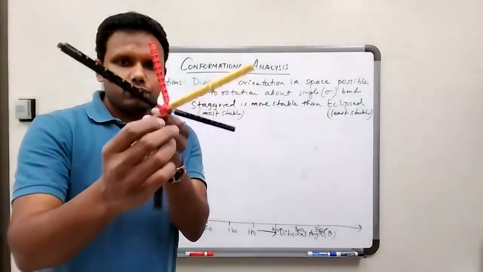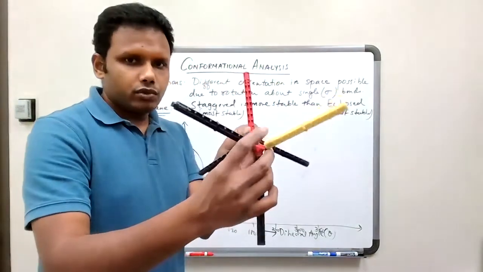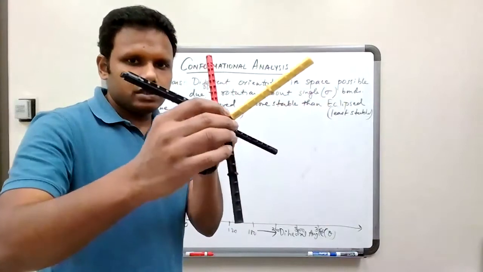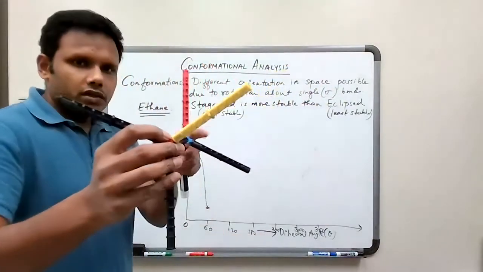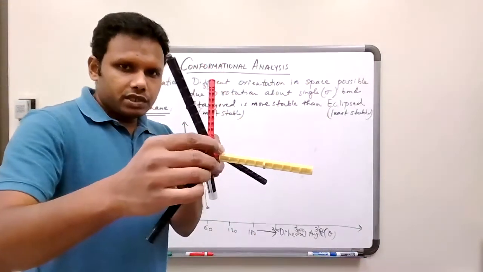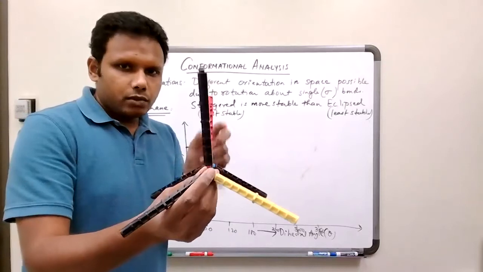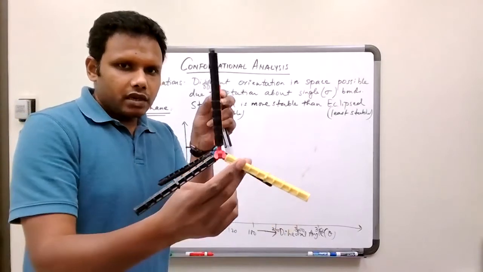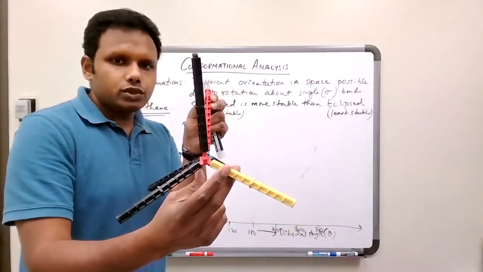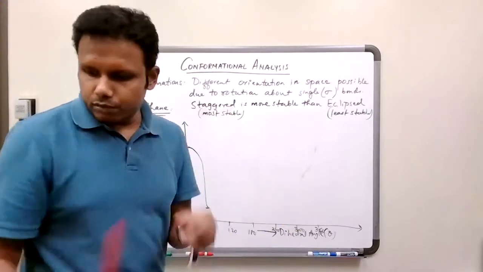Now, as you move away from the staggered conformation, notice how you're trying to build in another eclipsed. And so now if we track the red and the yellow bonds, they have a dihedral angle of 120 between them. And at this point, there is an eclipsed conformation.